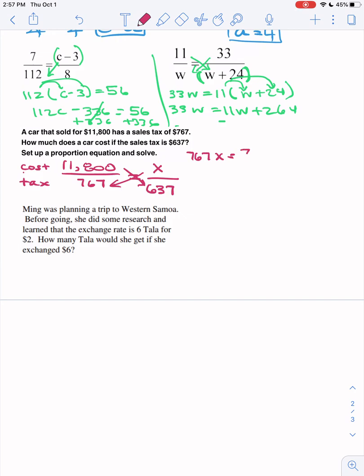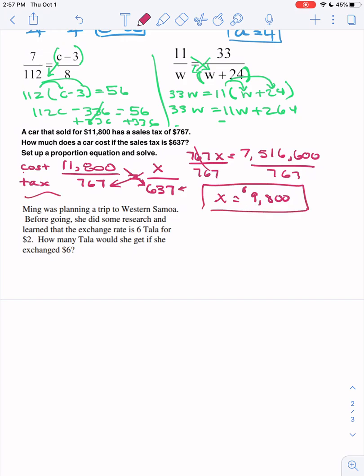Looks like 7,516,600. Divide that by 767, and looks like we're going to get $9,800, which makes sense. They paid a little less in tax, so you would think the cost of the car was a little less. Let's try another one.